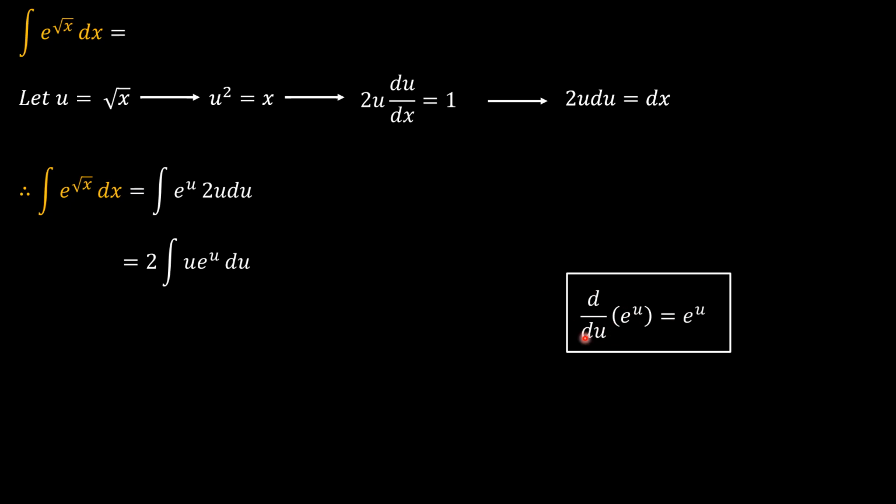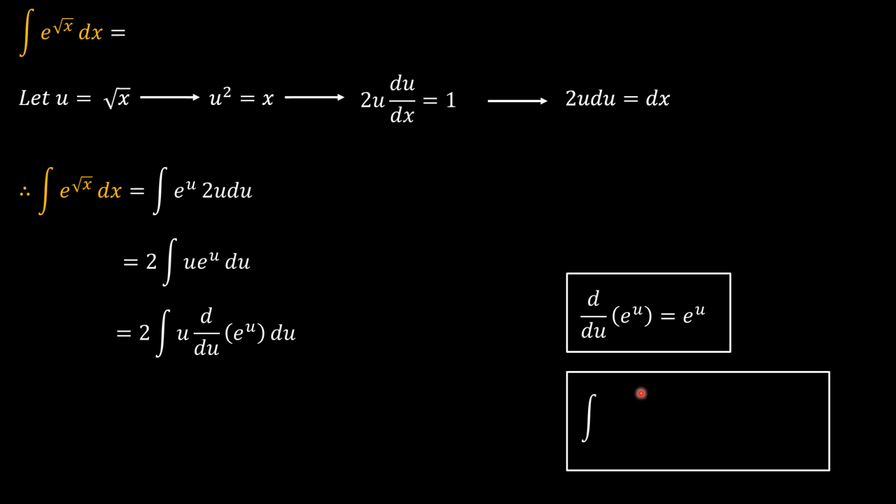Now we could use this expression where the derivative of e to the power u with respect to u is just e to the power u, so we can re-express e to the power u as the derivative of e to the power u. That means that we can use integration by parts, where if you have a product of two functions, v and the derivative of capital U, we apologize here, this is supposed to be capital U, not small u.